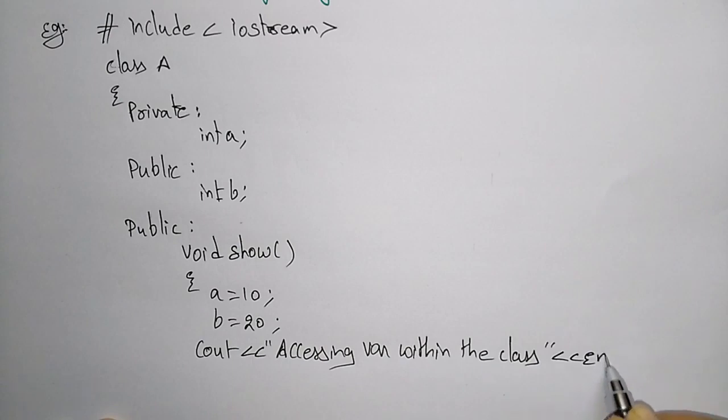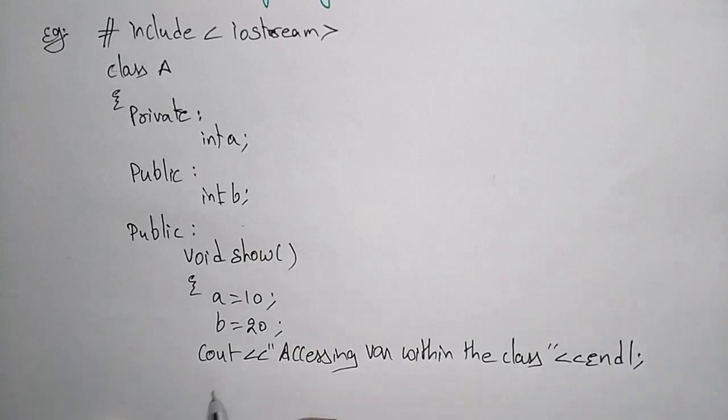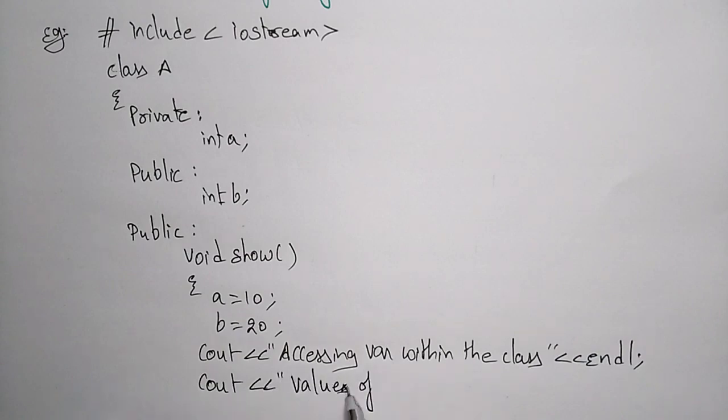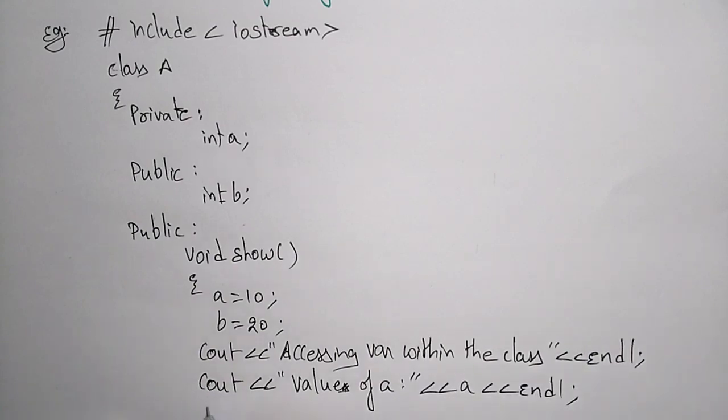Cout value of A, just print the value of A. Cout value of B, just print the value of B.